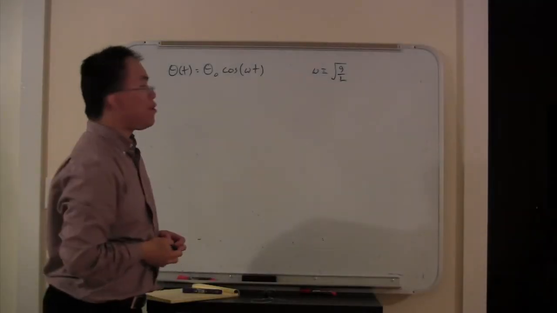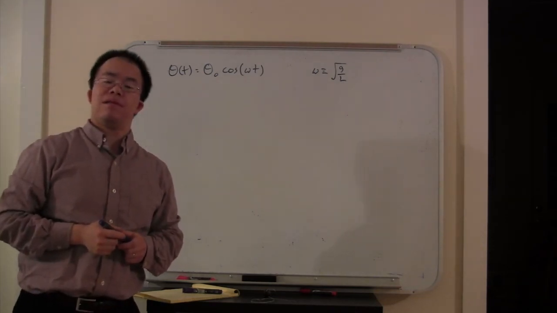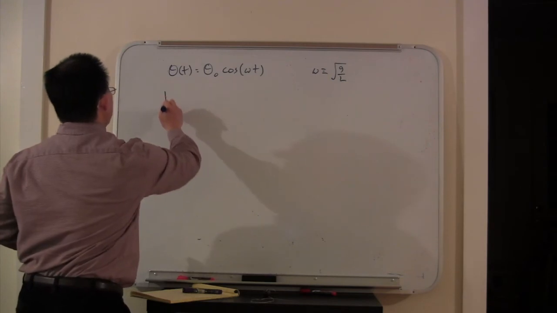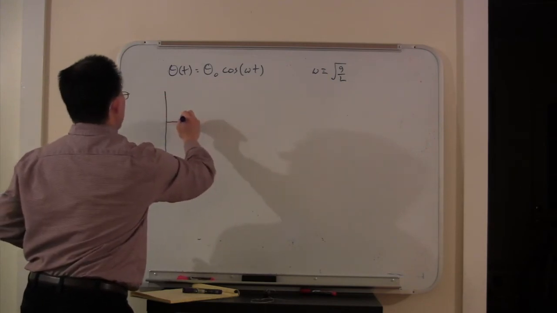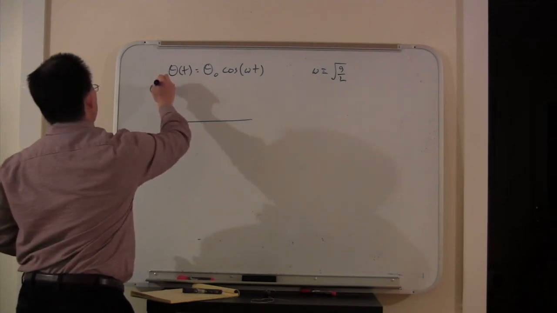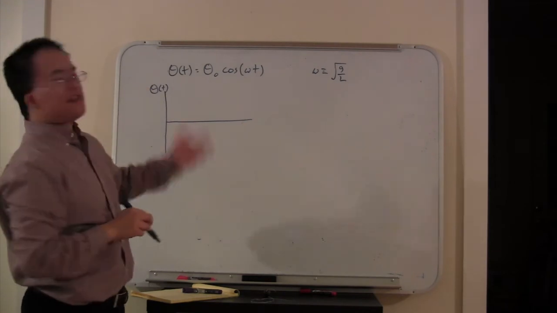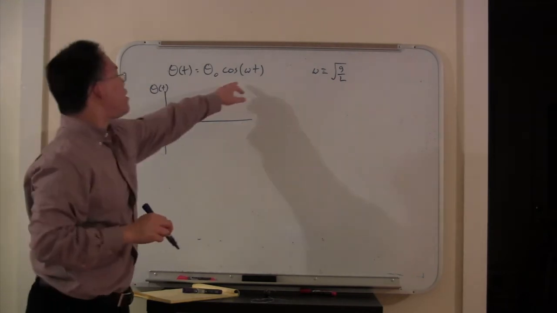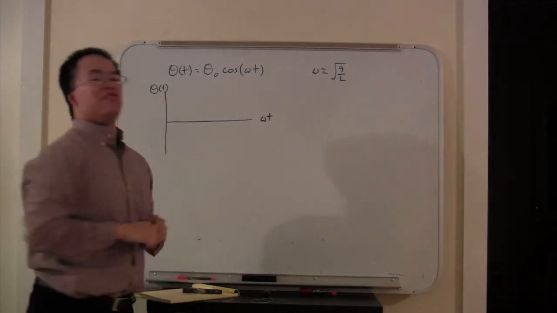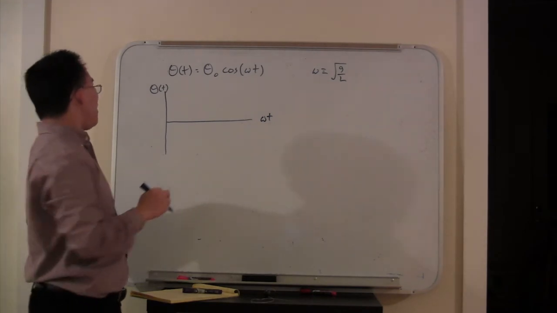Alright, let's take a look at this solution. Probably the best thing to do with it is to graph it. So let me plot this theta of t here. And just to make things easier for me, I'll plot the combined variable omega t rather than just t, because it might be easier to think about that.